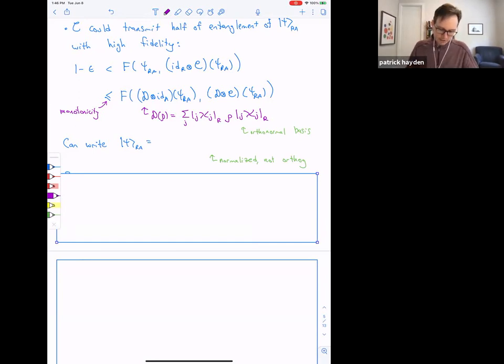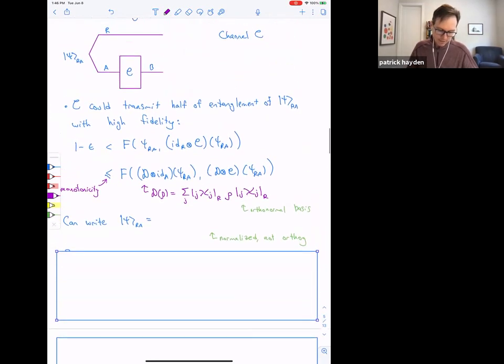So just to see how that works, let's take the entangled state psi RA of the R system and the A system and expand it in terms of this basis j of the R system.